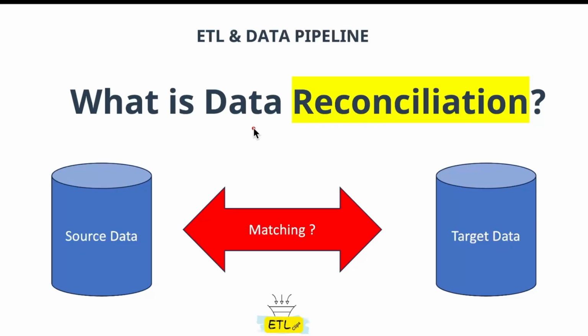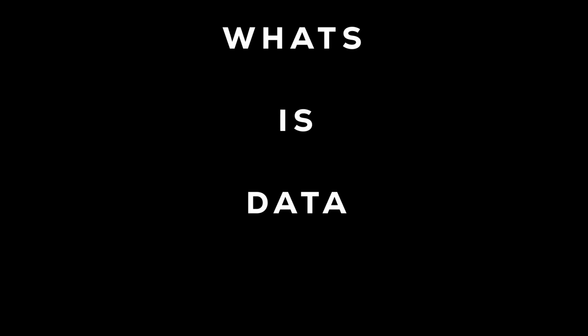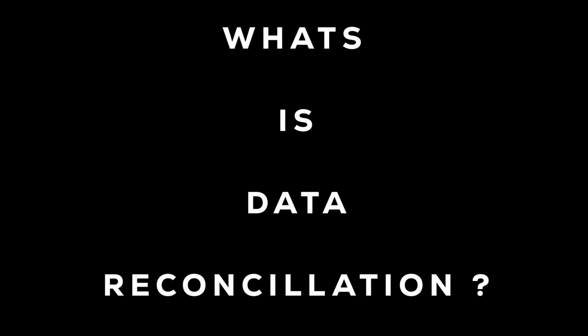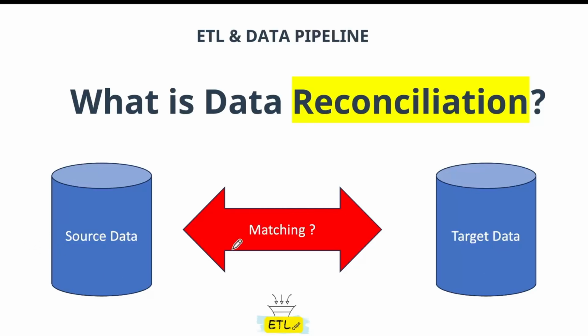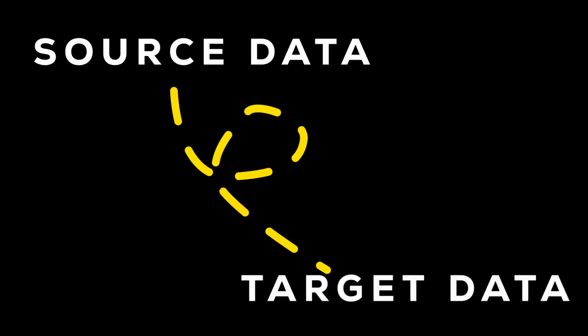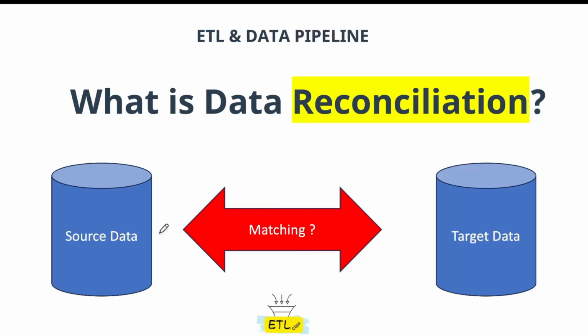In this video we are going to see what exactly the data reconciliation process is and when we need it, and what it means when you say your source data is matching with your target data. In many scenarios, as a manual tester or an automation tester, you want to match certain records, mostly the primary keys of certain entities of source with target.